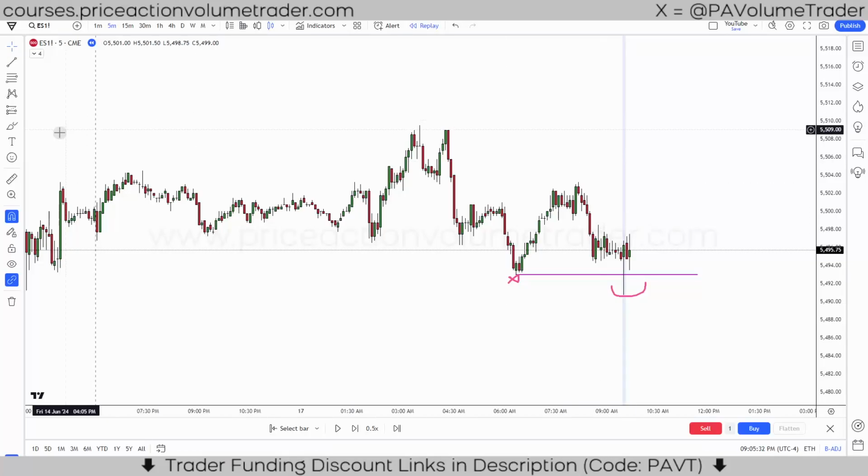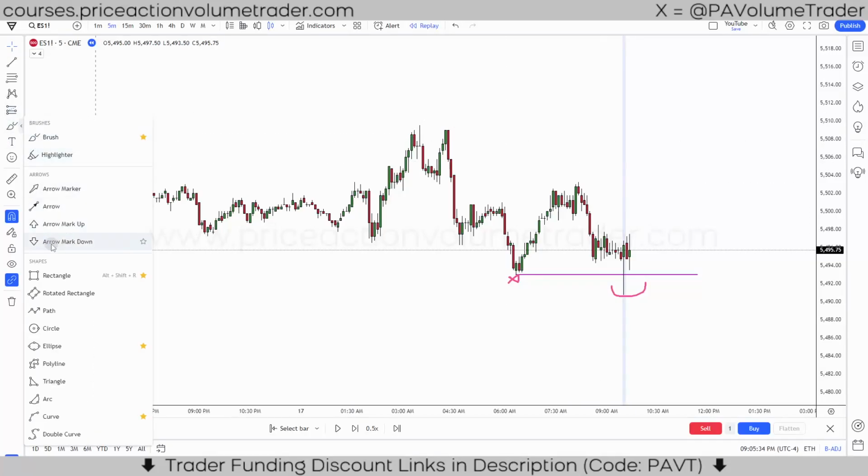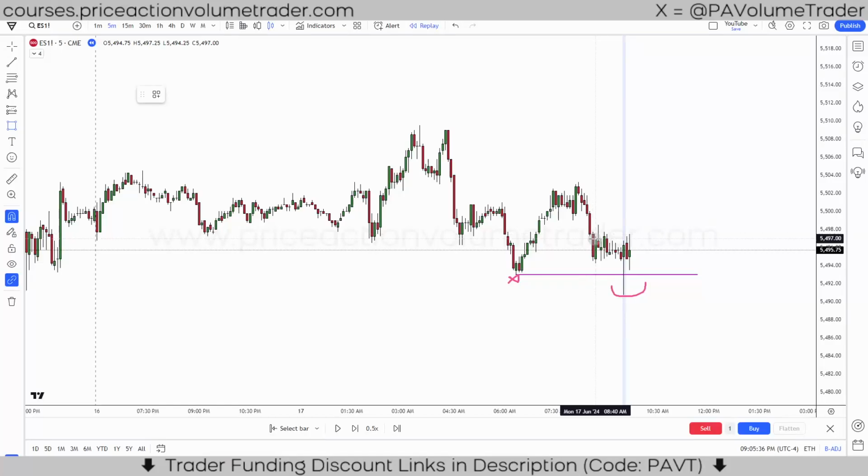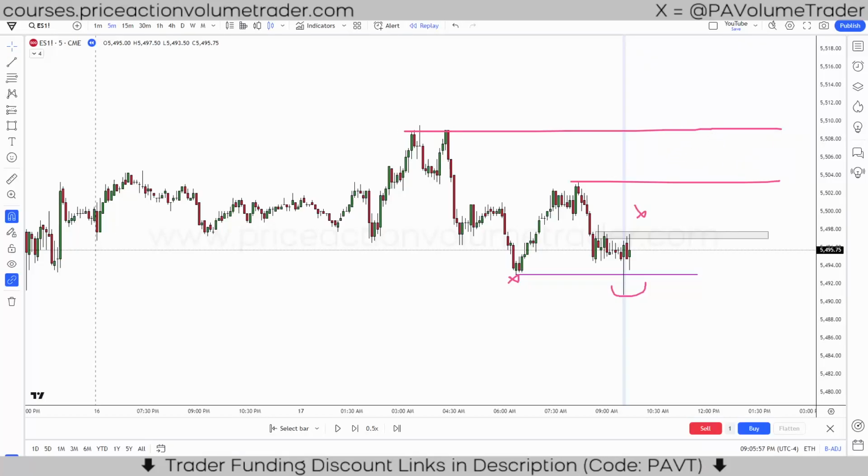But you can see we still have a pretty obvious wall of resistance right around these areas over here. So until we have a clear break above this, I am still not going to be looking for longs. And obviously targets, this will be the first area. This will be the second area that we're looking for targets.